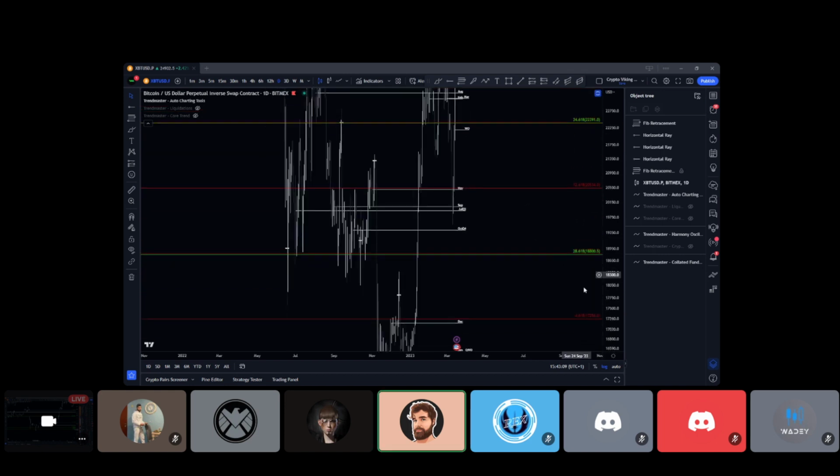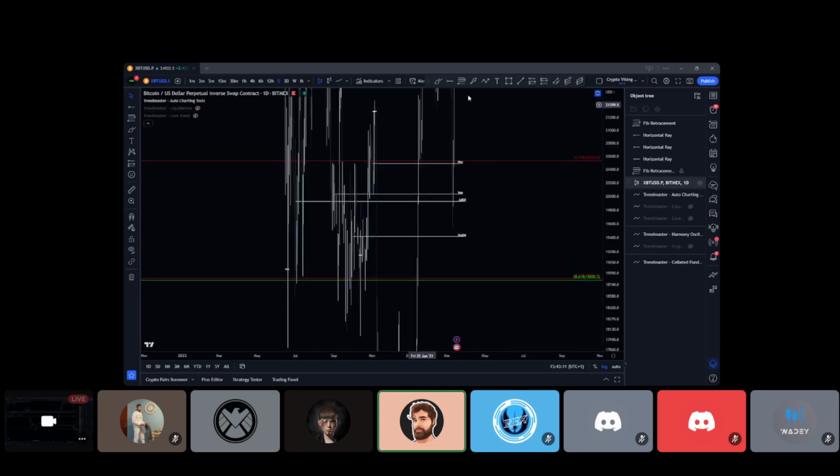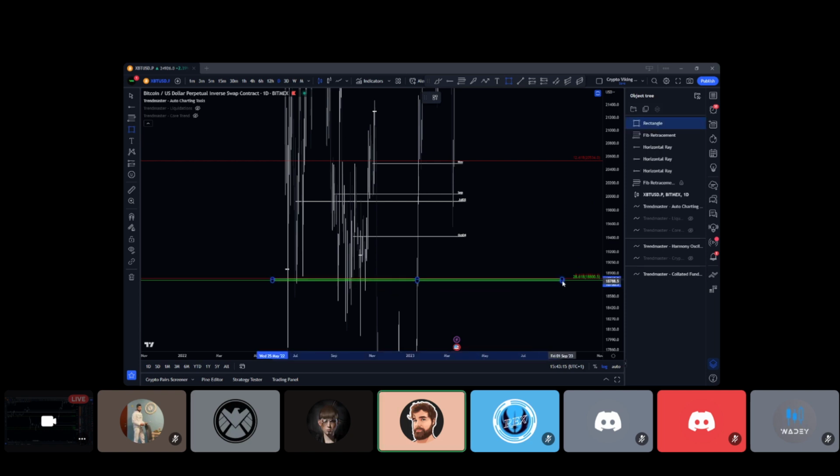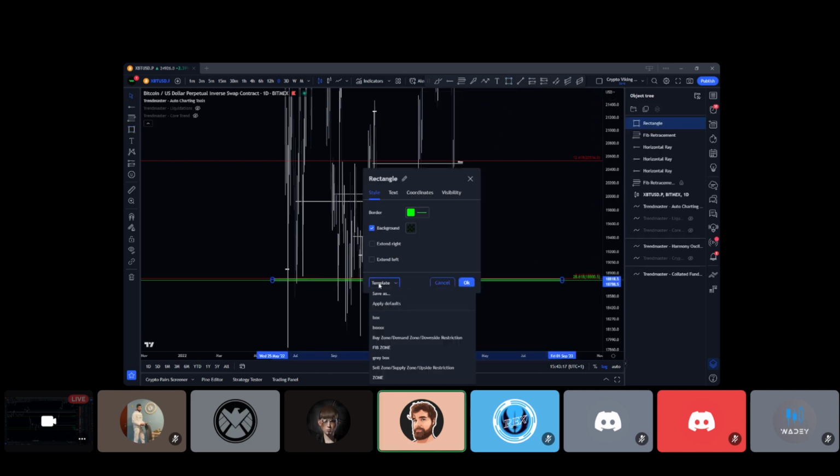And the way you then plot these is you look at the levels, and you do this on any chart, and that's your consolidation zone. I'll just change it. I think we have one called gray box. There you go.